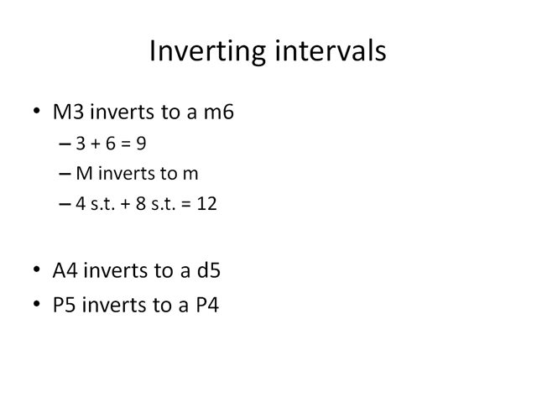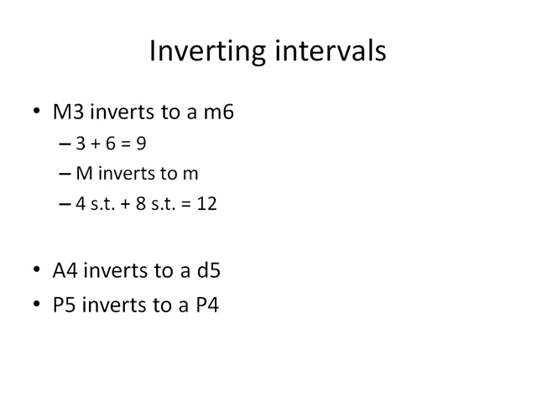Taking the intervals from the previous slide as our examples, a major third inverts to a minor sixth. A major third comprises 4 semitones, and a minor sixth comprises 8 semitones, totaling 12. An augmented fourth contains 6 semitones, and it inverts to a diminished fifth, which also contains 6 semitones for a total of 12.